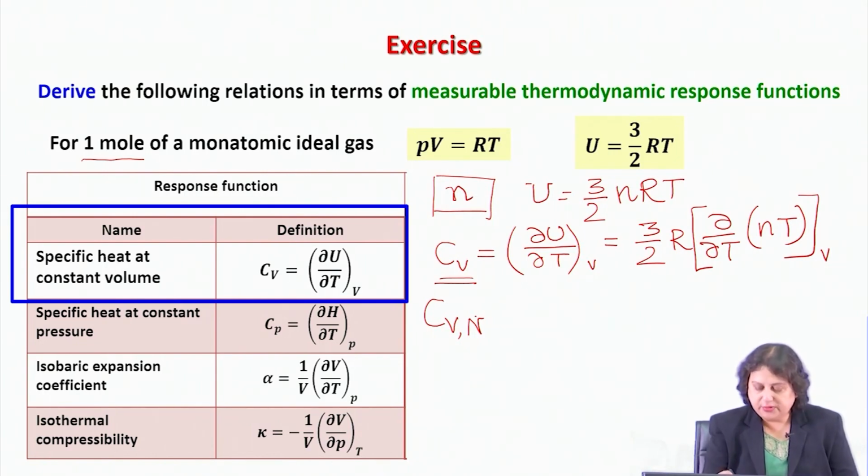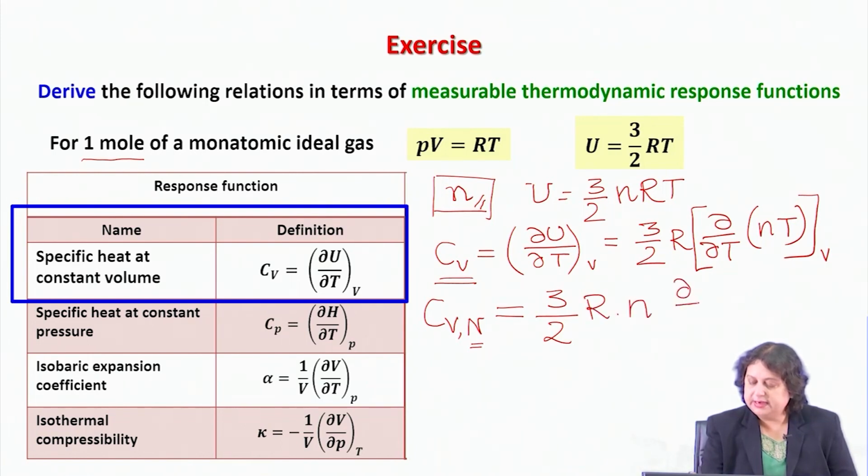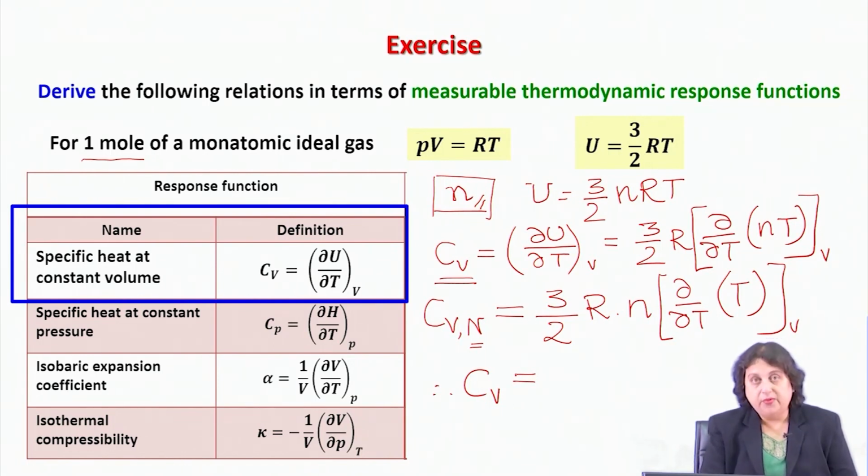Therefore, in this case, for the capital N particle system, or equivalently small n moles of the substance, Cv is equal to 3/2 R into n into del T of T at constant volume. Therefore, I would say here the specific heat at constant volume for n moles of the substance is equal to 3/2 nR.